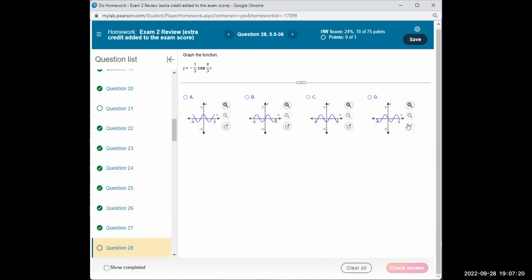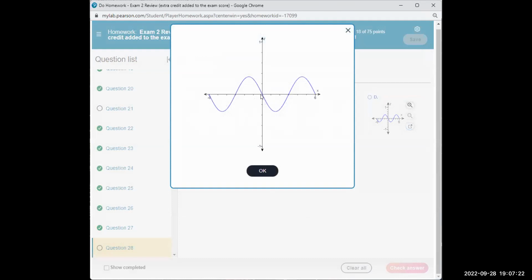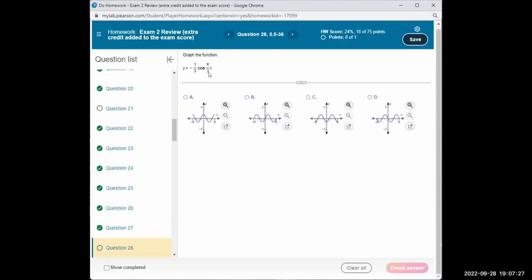Here we have a sine function. D's out because this is the sine, okay? There's been no phase shift, so we don't have to worry about that. The period is 2 pi divided by pi over 3, which is going to be 2 pi times 3 over pi. The pi's cancel, and so your period is 6.